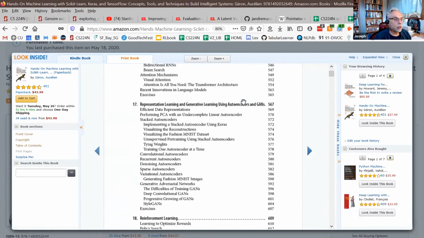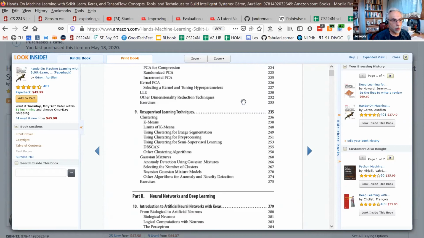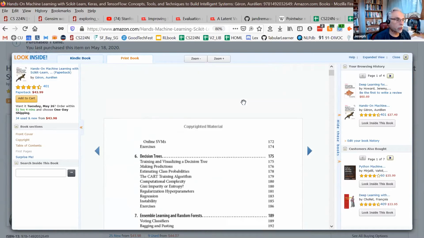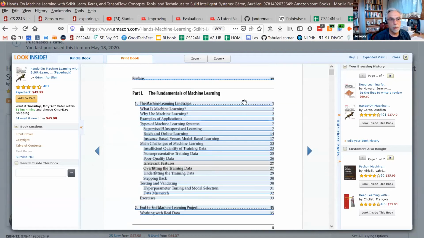So, going through this will give you a really thorough introduction to all the different aspects of machine learning as of 2019, and you'll be close to the state of the art in all these areas.